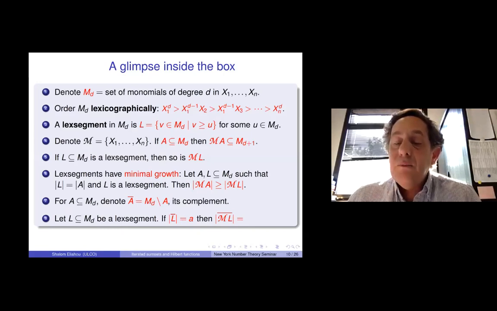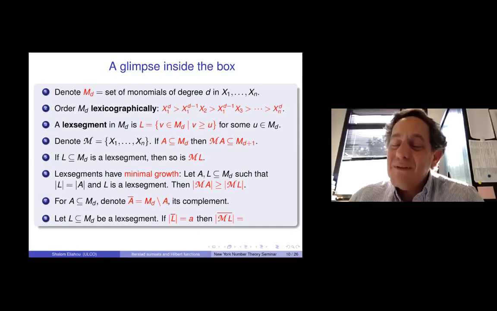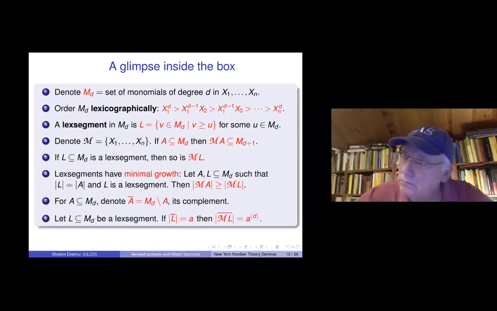This is the lex segment in degree D plus 1. And take the complement. And the question is, what is the cardinality of that, knowing that it was A here? And the answer is, this is suspense. The answer is, that's the answer.